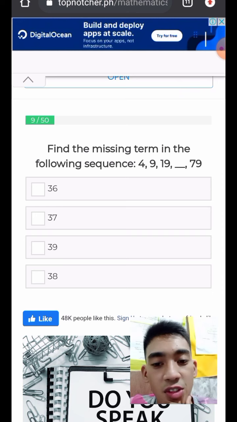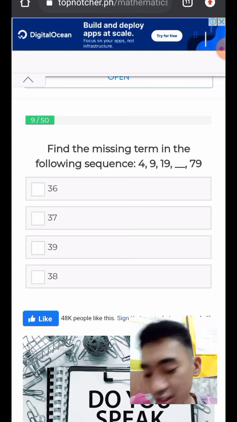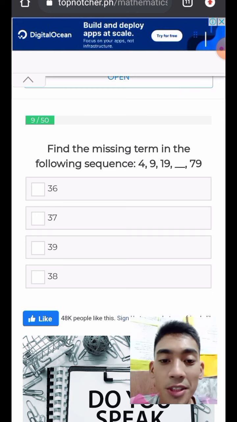So the differences are 5 and 10, and the next would be 15, since 15 plus 19 will give us 34, but the choices here have no 34.